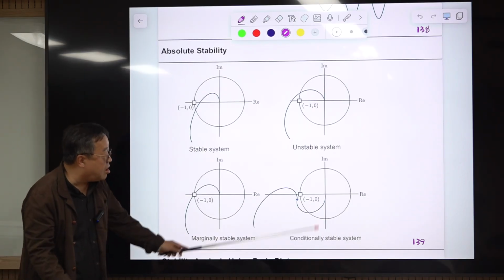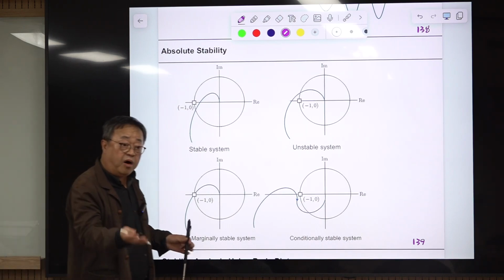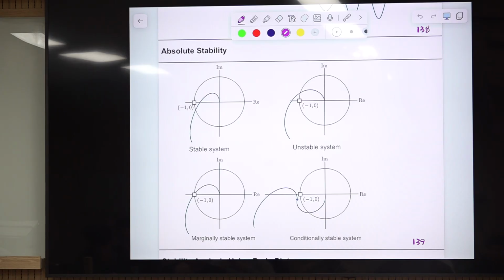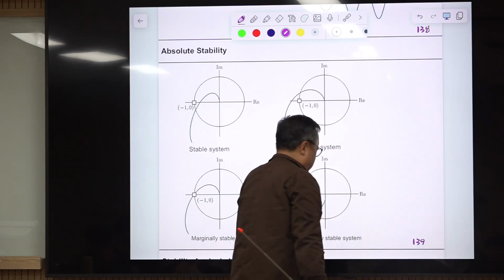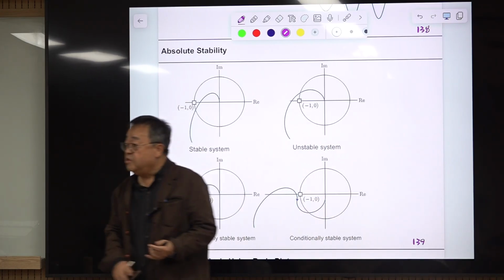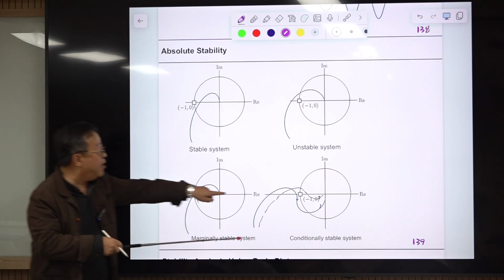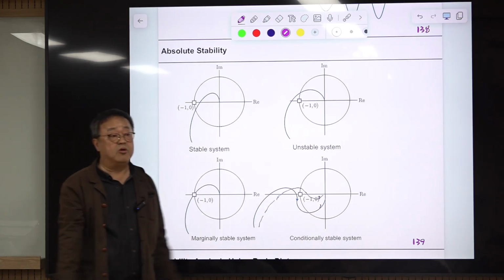This time it is stable, but suppose the feedback gain is decreased. The smaller feedback gain implies contraction of this curve. Then this is encircling, and the system becomes unstable.